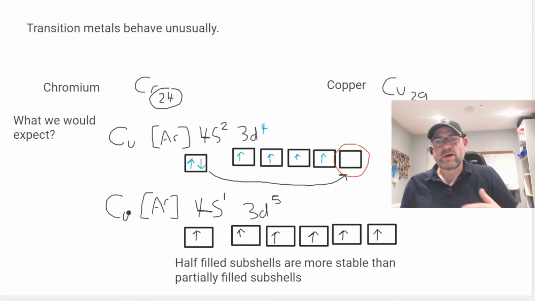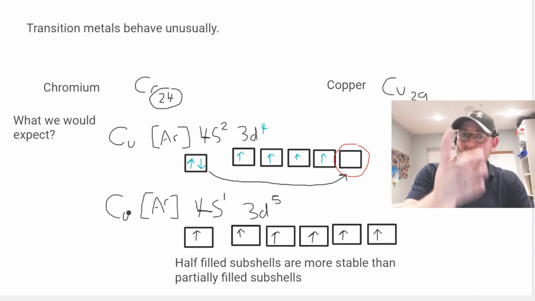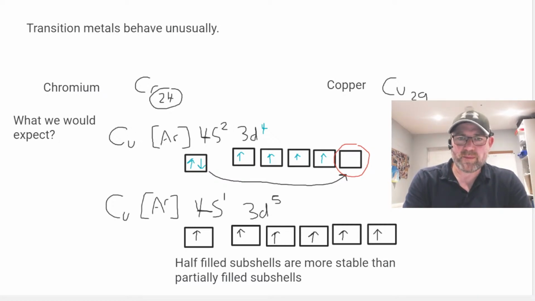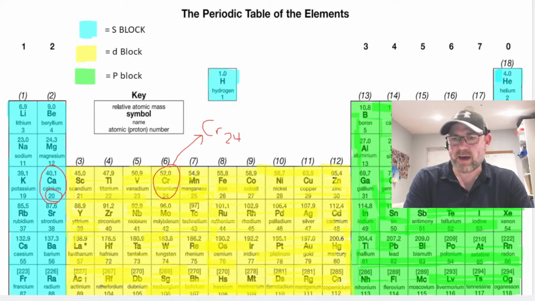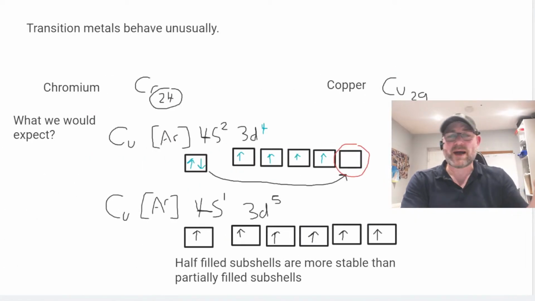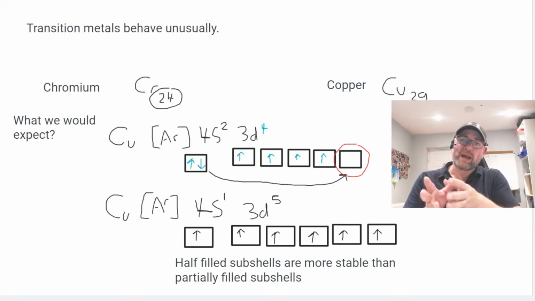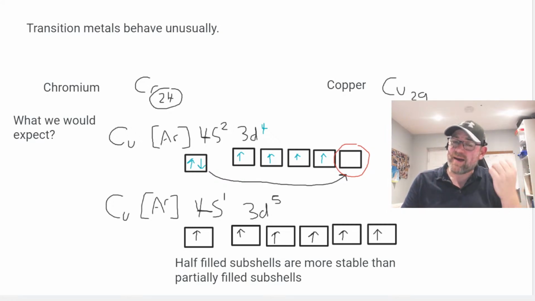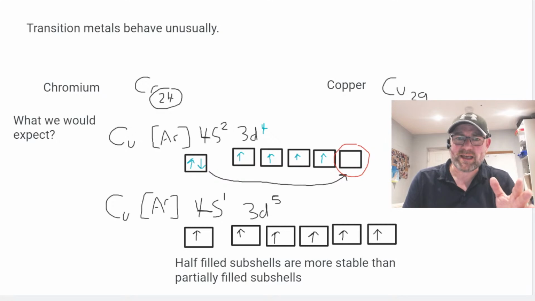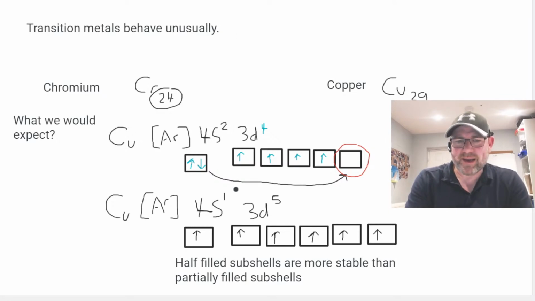So we're going to stick with argon. We've got to do 29 minus 18, and that leaves us with 11. Incredible math skills.